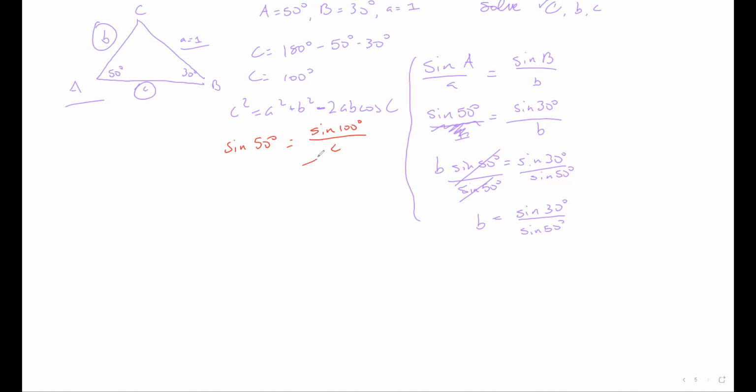I'm going to get C to the other side. So then we have C times sine of 50 degrees, and then divide by sine of 50. C ends up being sine of 100 over sine of 50. And there we are.